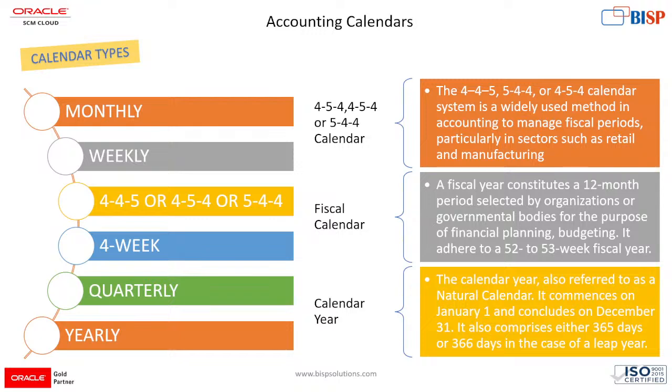This calendar divides the year into 4 quarters, with each quarter consisting of 13 weeks. The first 2 months of each quarter have 4 weeks each, while the third month has 5 weeks. As a result, there are three different month patterns, that is 544, 454, or 445.